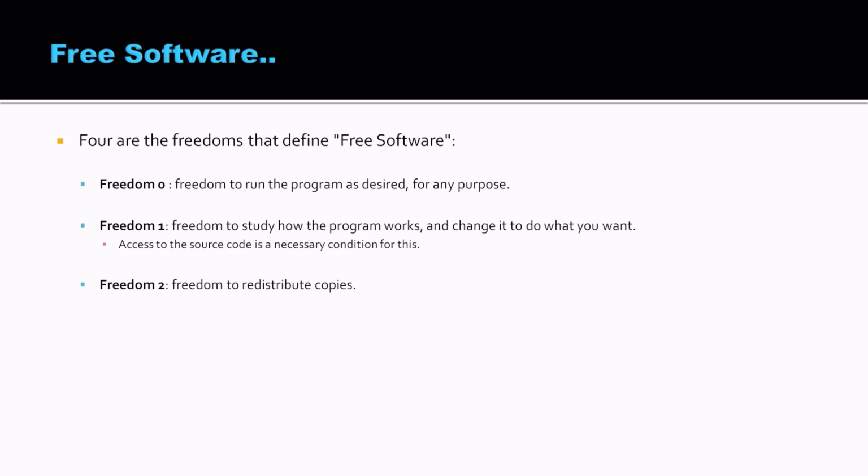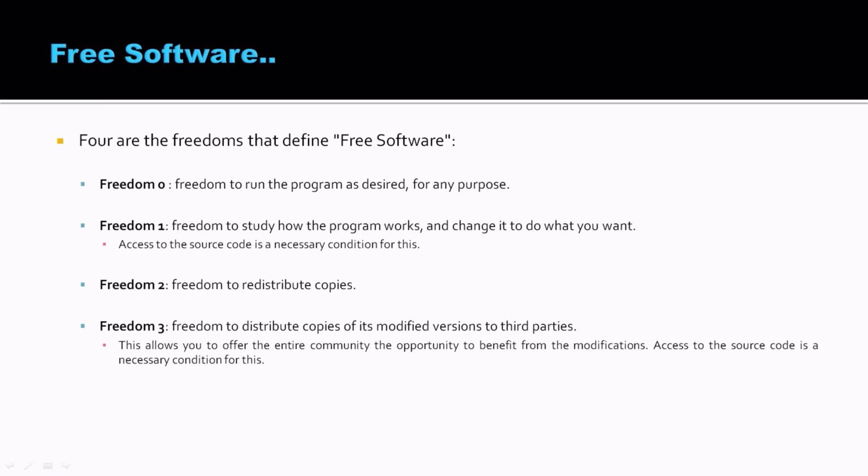Freedom two: the freedom to redistribute copies. And freedom three: the freedom to distribute copies of your modified versions to third parties. This allows you to offer the entire community the opportunity to benefit from the modifications. Access to the source code is a necessary condition for this.